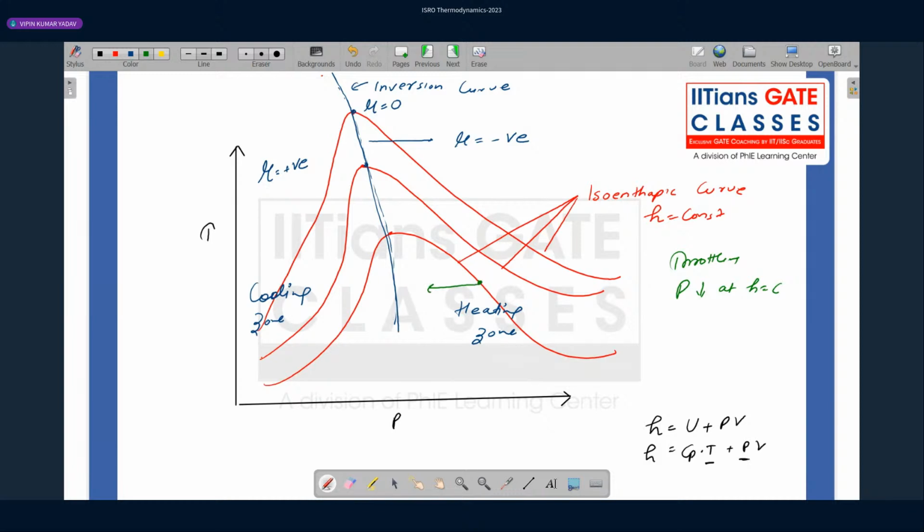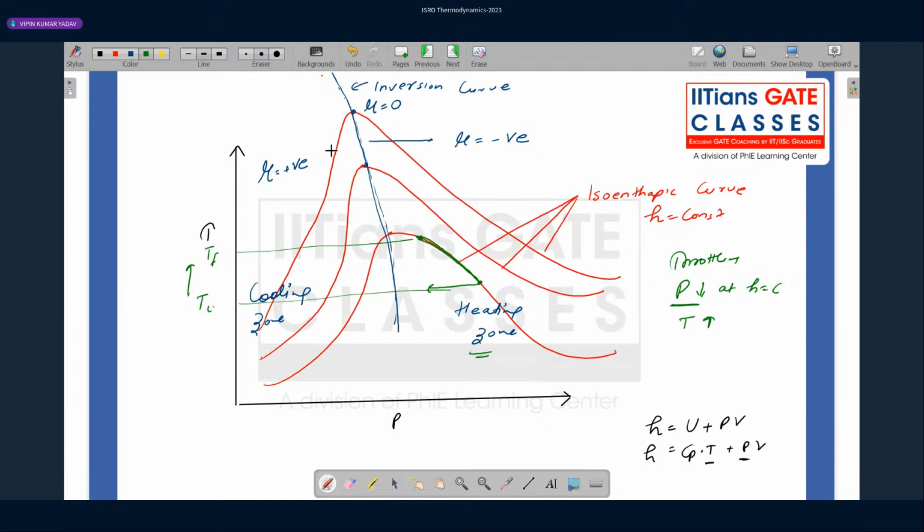That means you will travel on this curve. Basically if you are in this heating zone, your temperature is increasing. Earlier your temperature was T initial, now it is T final. So you are doing expansion, but your temperature is increasing.